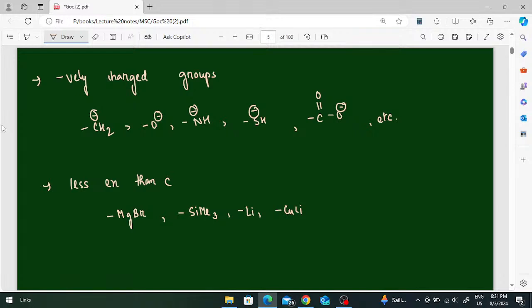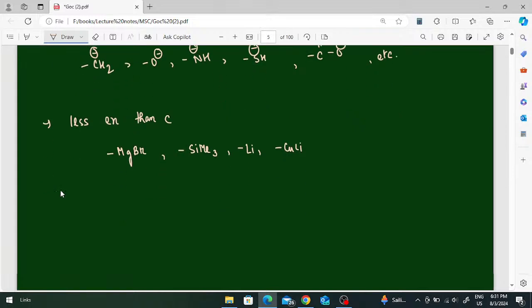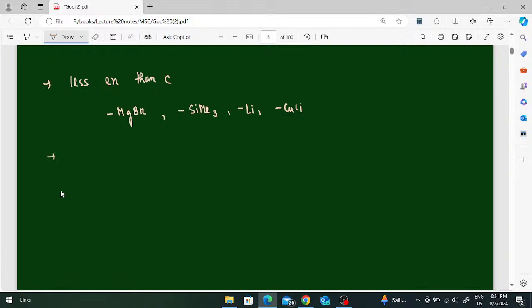Again, if I compare silicon and magnesium, for example, magnesium is more electropositive, so it is higher plus I inducing.